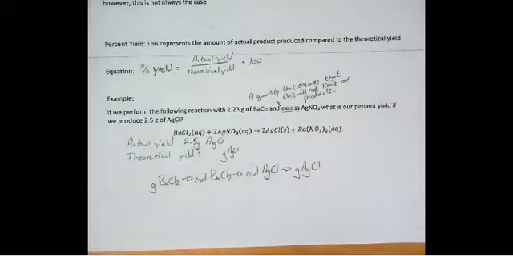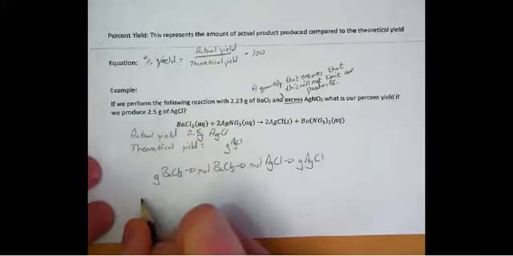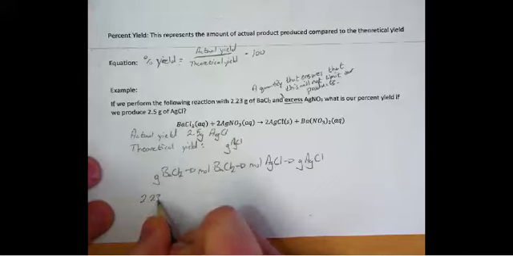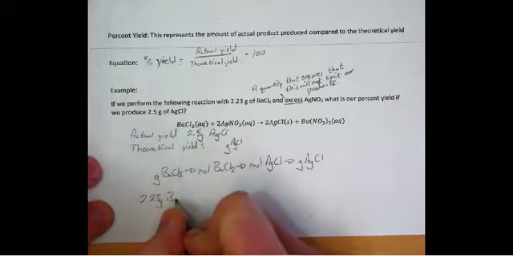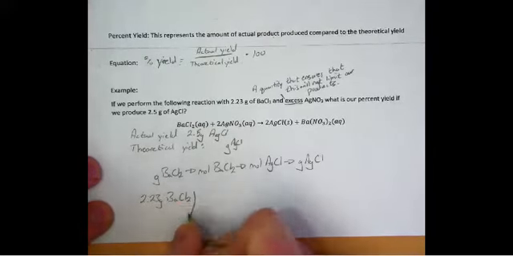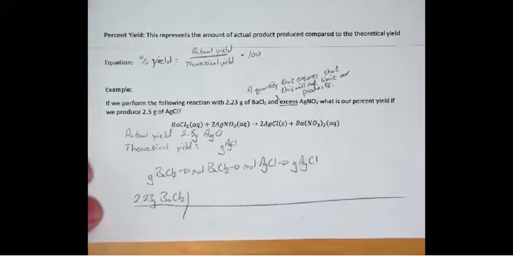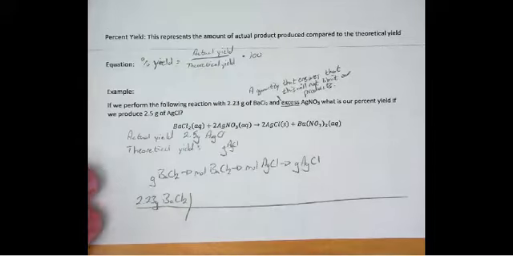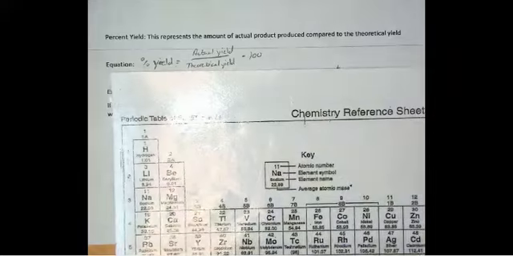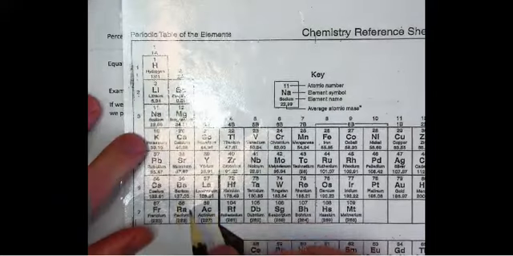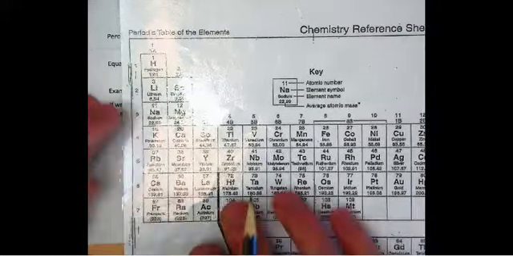All right, so in order to do that, we're going to start with our 2.23 grams of barium chloride, and hop aboard the Plug and Chug Express. All right, so down below we need the molar mass of barium chloride. So let's check our trusty dusty periodic table. I see that barium has a molar mass of 137.33.